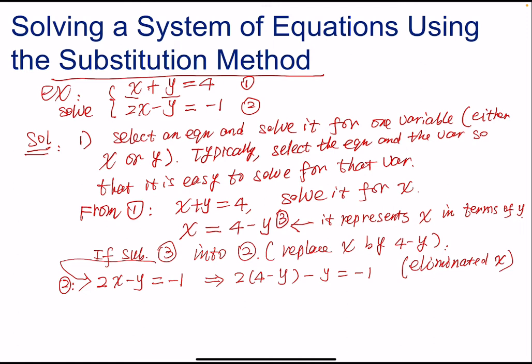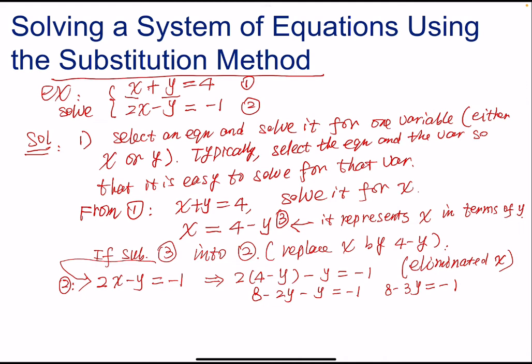So then I can solve it. I just simplify the left-hand side. I get 8 minus 2y minus y equals negative 1. And obviously this becomes 8 minus 3y equals negative 1.